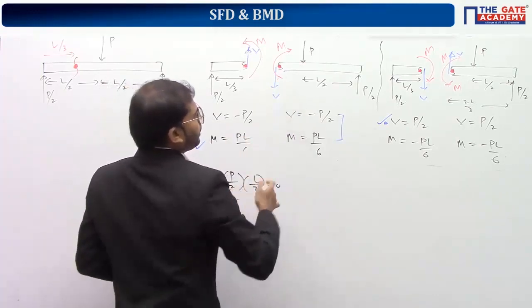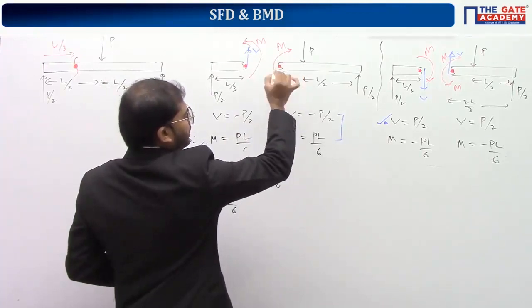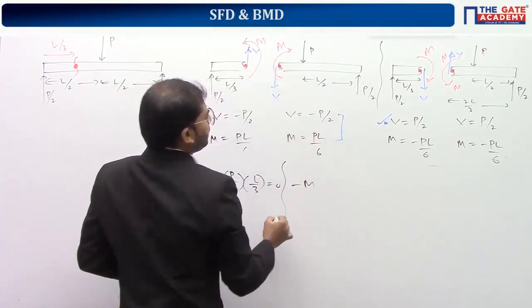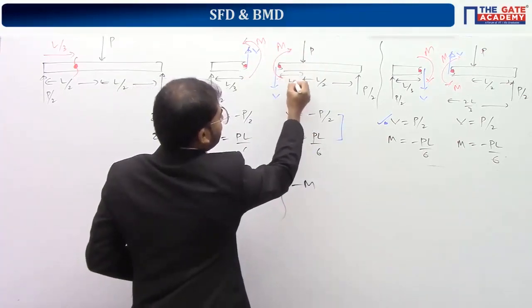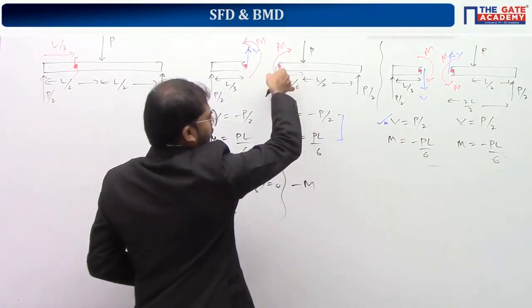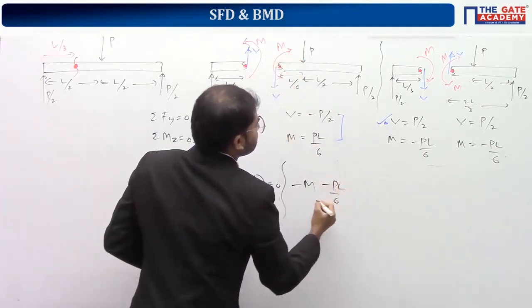Same if you do it here. About this point, V will not give rise to any rotation. M is clockwise, so minus M. P, if you take this distance, it comes out to be L by 6, so P gives a clockwise moment of P into L by 6, so minus PL by 6.